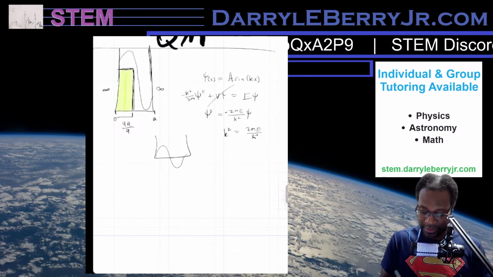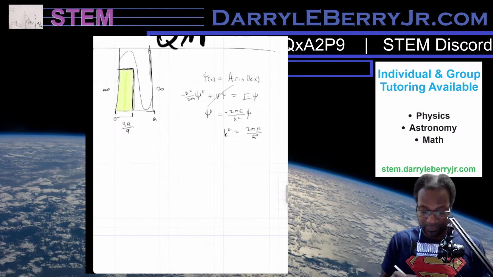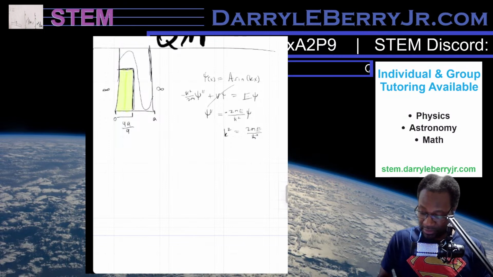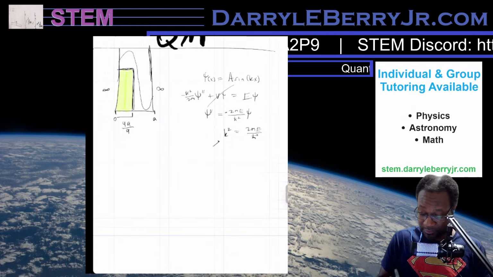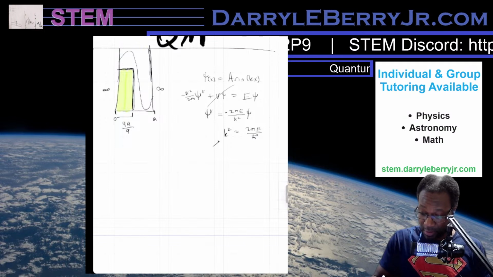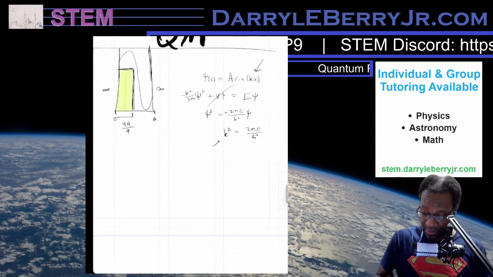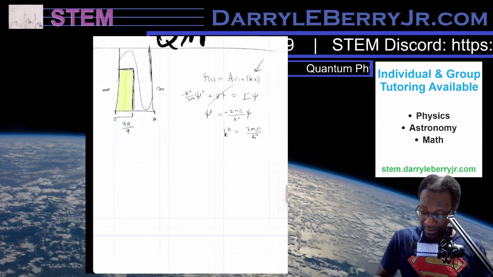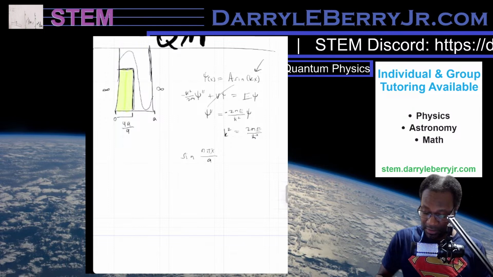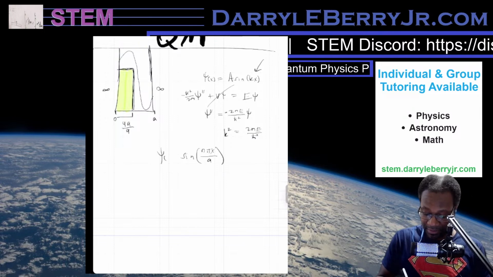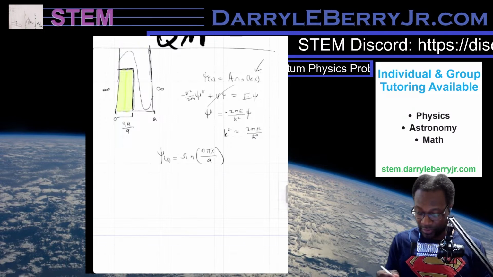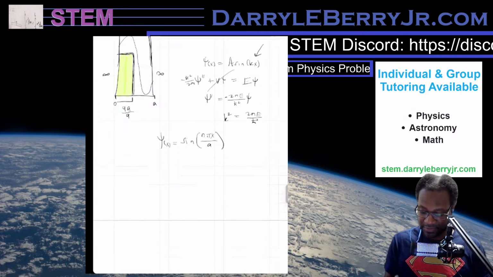So what we want to do is get the change in energy. So here, normally we would have, it was an empty well, and we solve for this k right here. It will end up being n pi x over a sine, and this will end up being after we solve for boundary conditions.